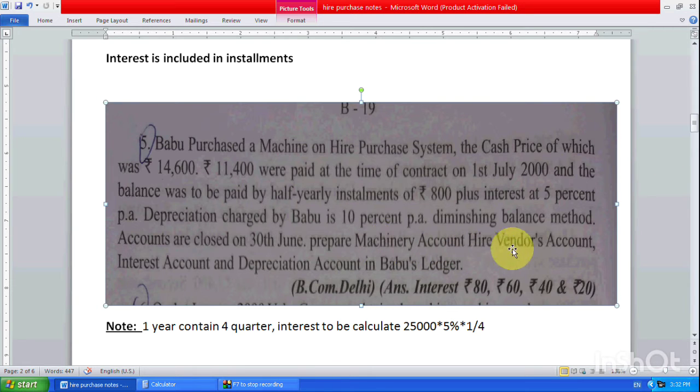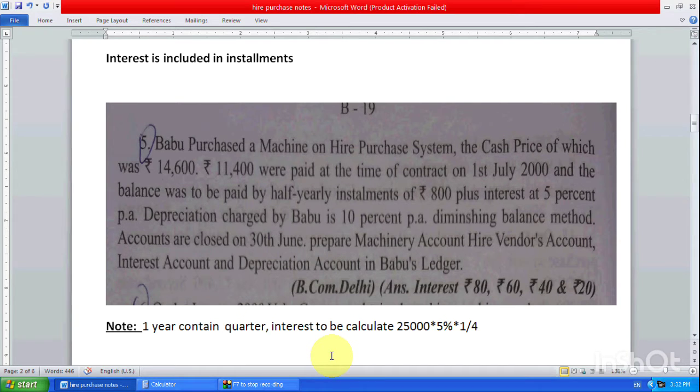Depreciation is 10% with diminishing balance method, and accounts are closed on 30 June. So 1st July is opening, 30 June is closing. Prepare the machinery account. How many accounts? Machinery, vendor account, interest, and depreciation accounts we have to prepare. Here, earlier you used to do it for quarters.